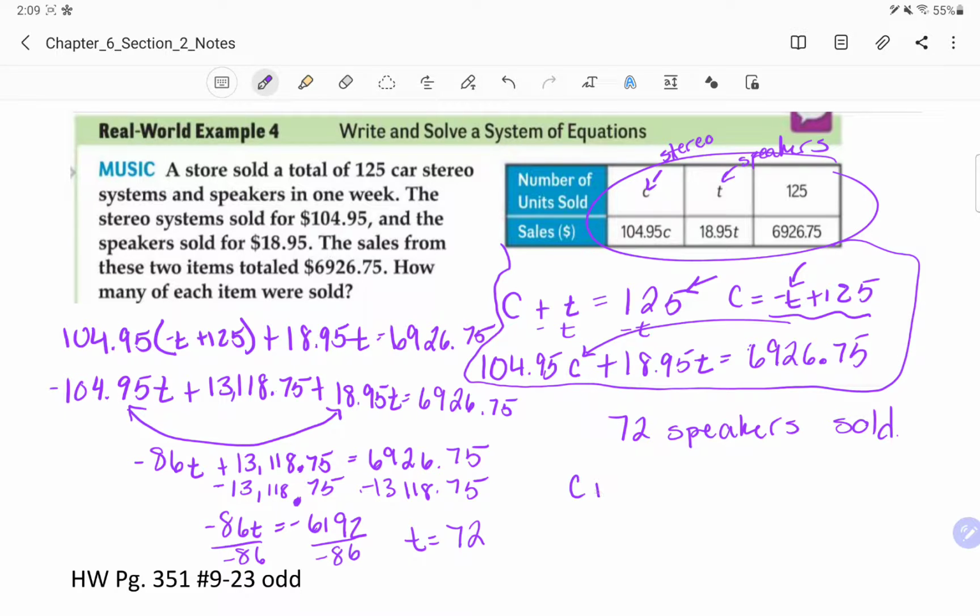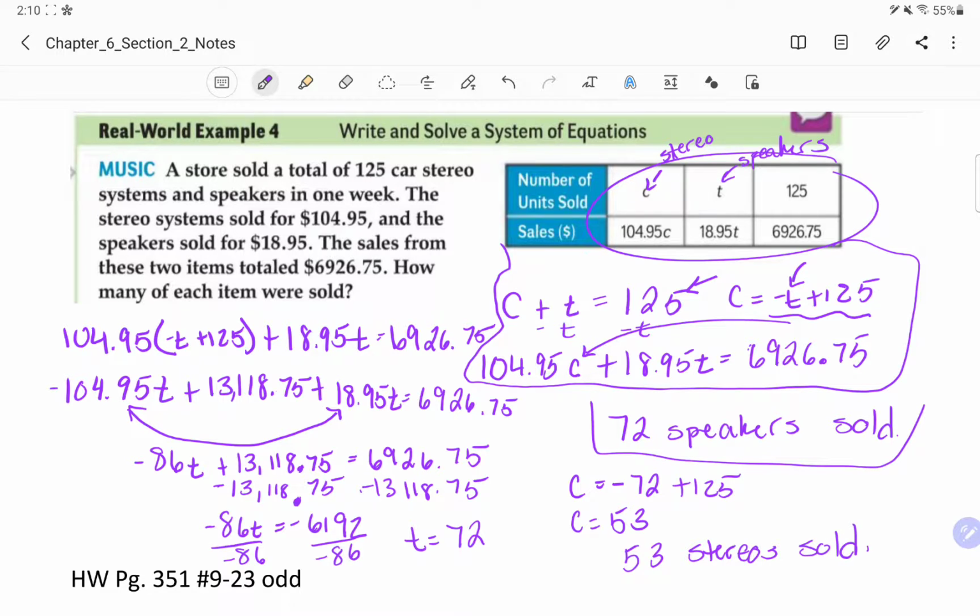So C is equal to negative t, so negative 72, plus 125, which is 53. So I sold 72 speakers and 53 stereos. Okay? And that would be the problem. That's how you would solve that.